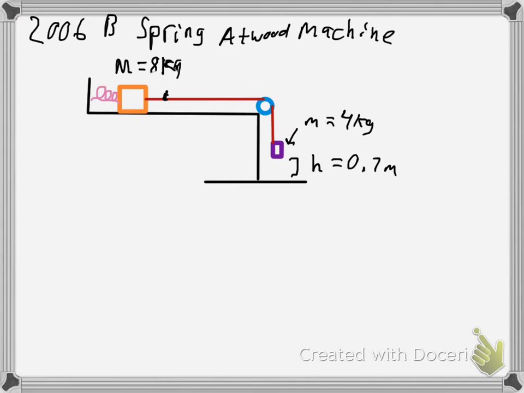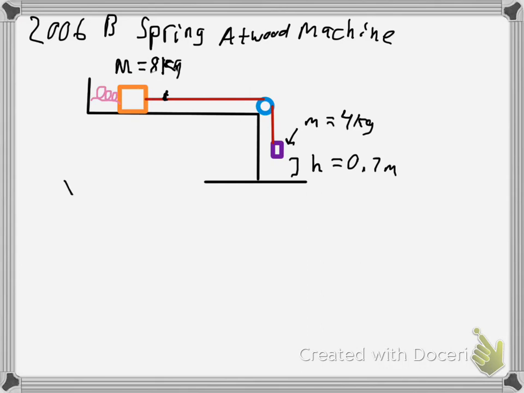When this spring and block system is in equilibrium, the length of the spring is 0.25 meters, and the 4 kilogram block is 0.7 meters above the floor. So there's a lot of important information that we were given.